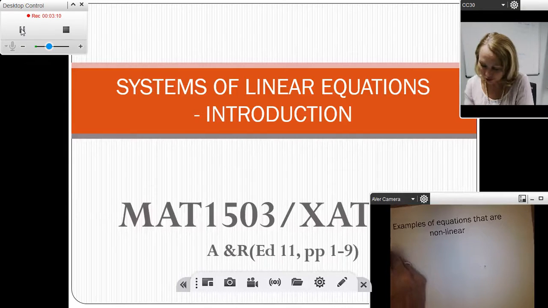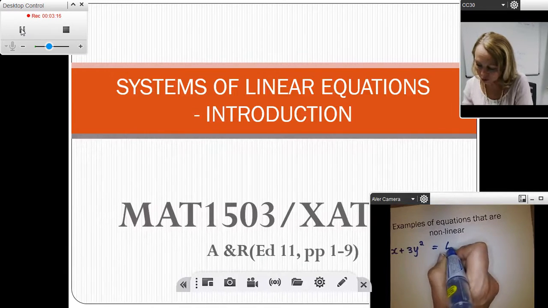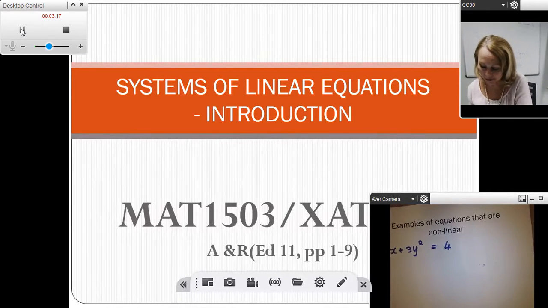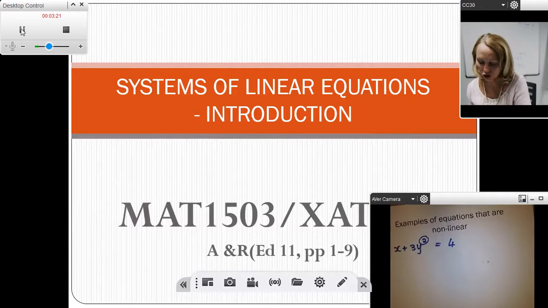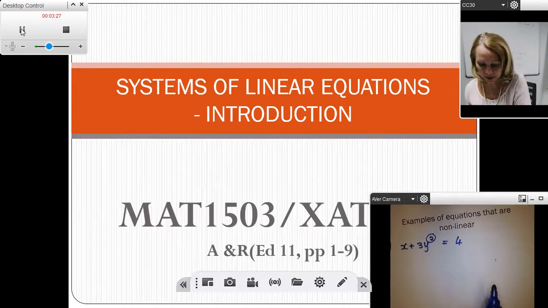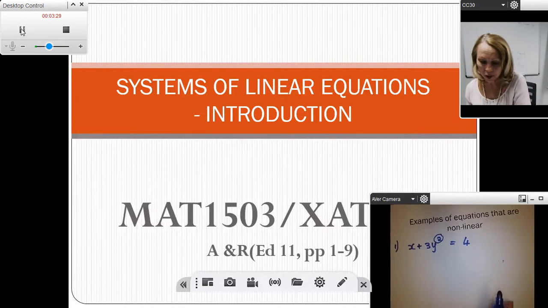Can you see that something like x plus 3y squared equals 4 is non-linear? That is because the power of the variable y is 2, and we said that it had to be 1. So that would be an example of an equation which is non-linear.